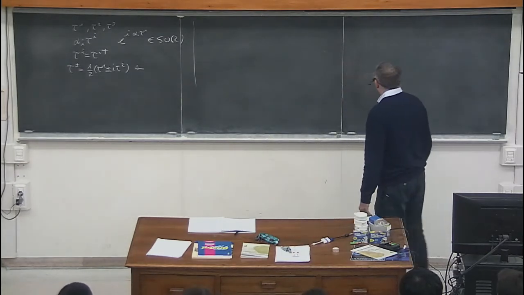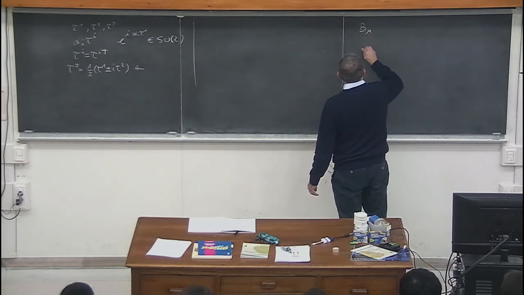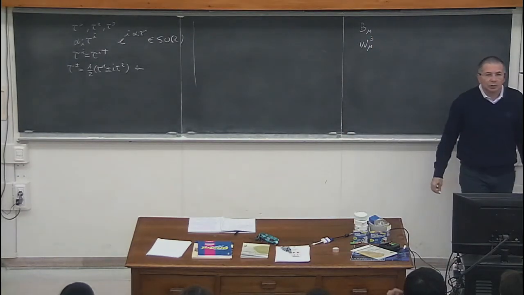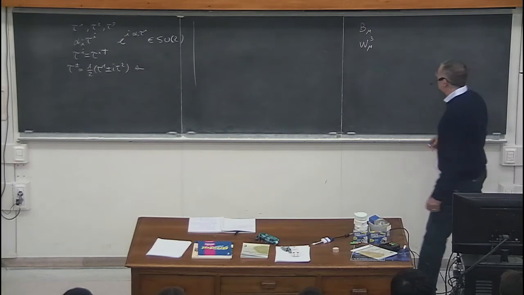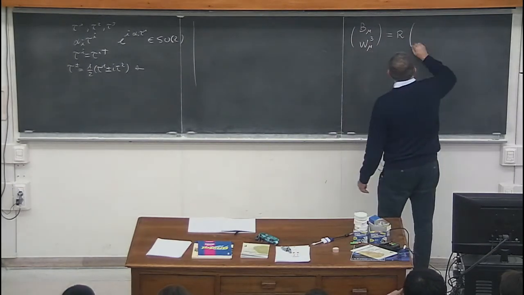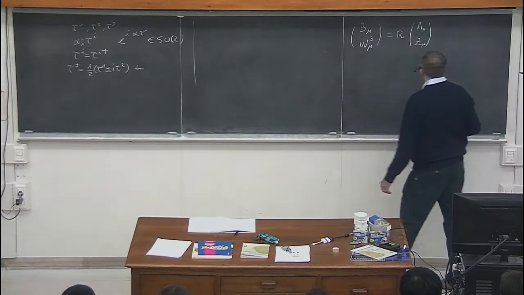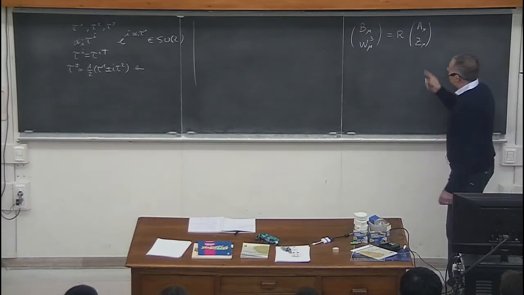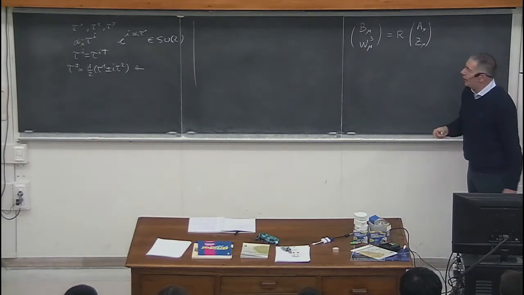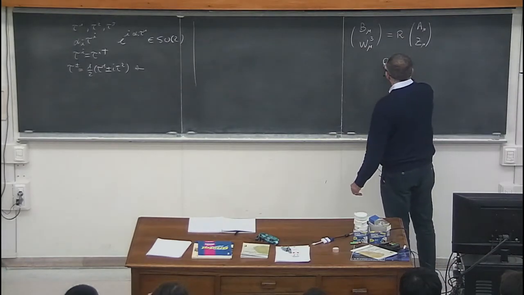And finally, you remember that we traded the two vector fields which are coupled to neutral currents in our construction for a new pair of vector fields, which I called A mu and Z mu, and the relationship between the two pairs is given by a matrix which I chose to be a rotation matrix.